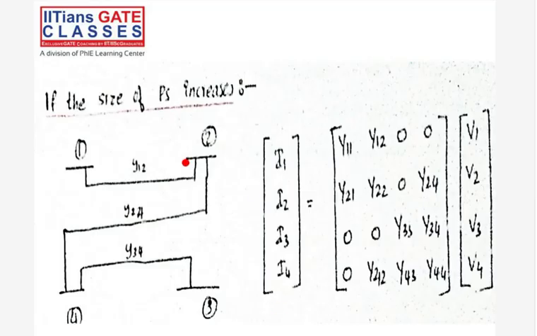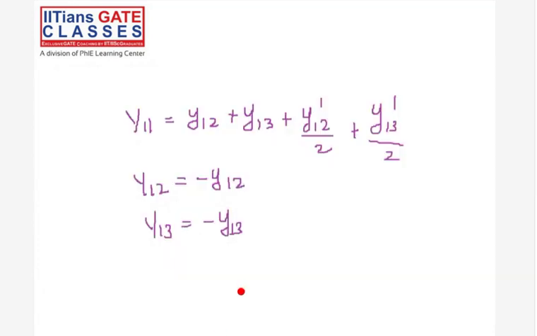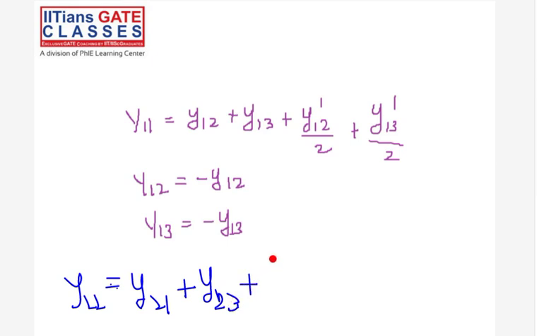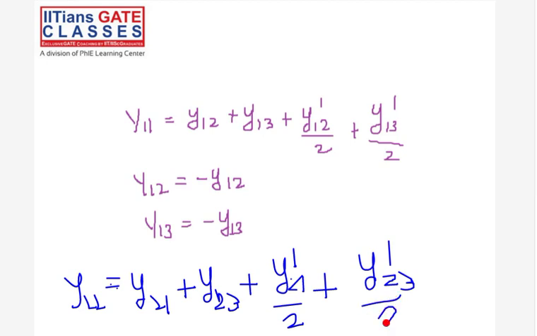Similarly, if you look at Y22, it will be Y21 plus Y23 plus Y21 dash by 2 plus Y23 dash by 2, right?